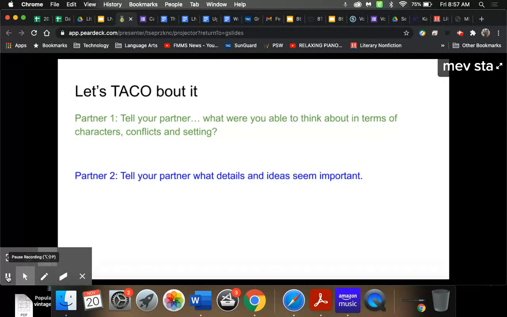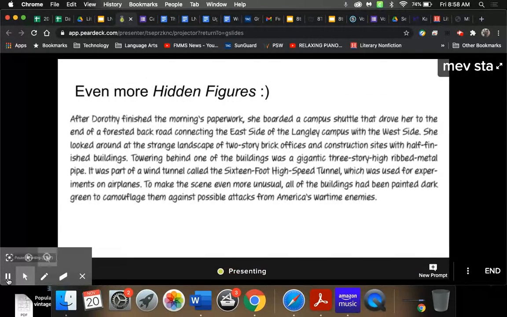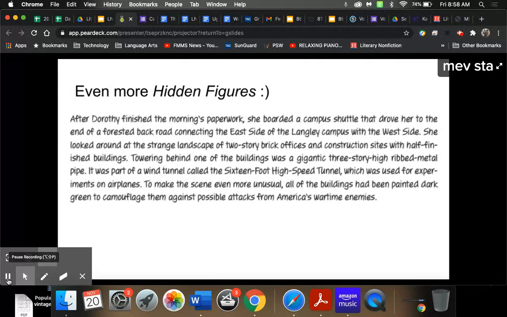Then in partner 2, what details that we said were important were that they paid money to have 2 different buildings, so the east side and the west side, to keep people of different skin colors separated. And also that it was wartime, so the buildings had to be camouflaged from our enemies. So that was more of the partner 2, the informational side.